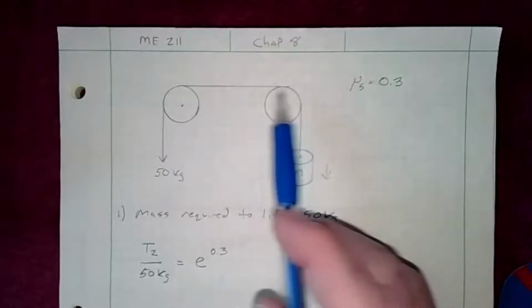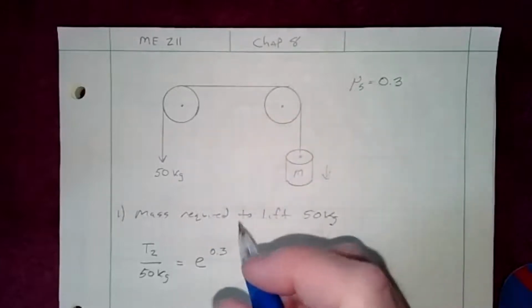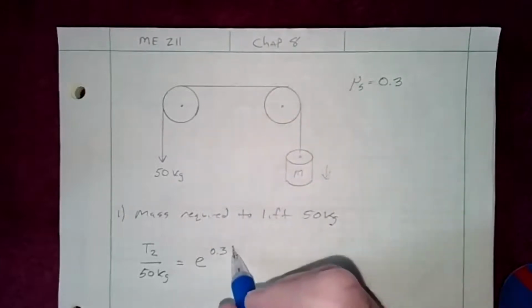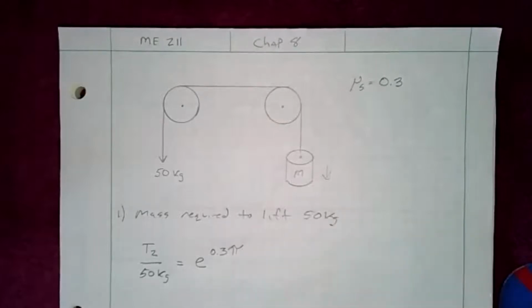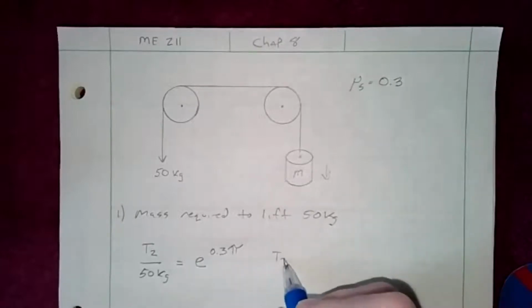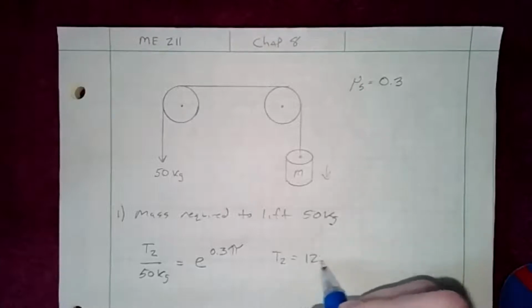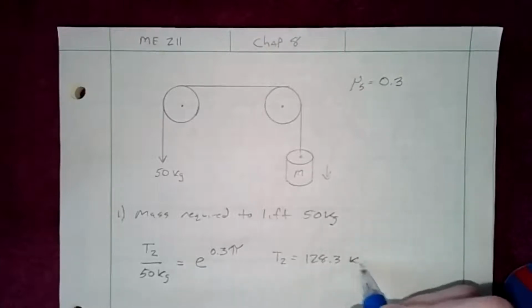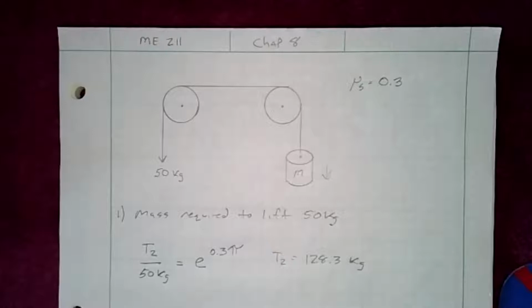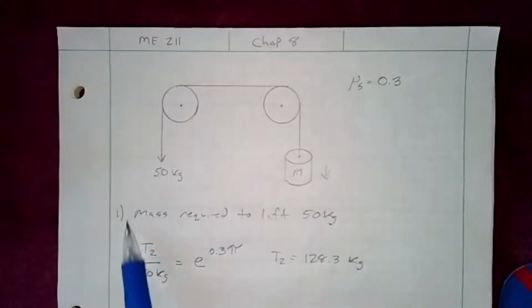So it's basically a quarter, and a quarter is a half. So otherwise it's pi. So if we calculate this, multiply both sides by 50, we end up with the tension T2 is equal to 128.3 kilograms. So it simply means that it would require 128.3 kilograms to raise the 50 kilograms.